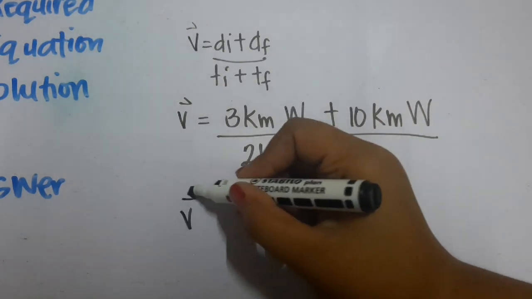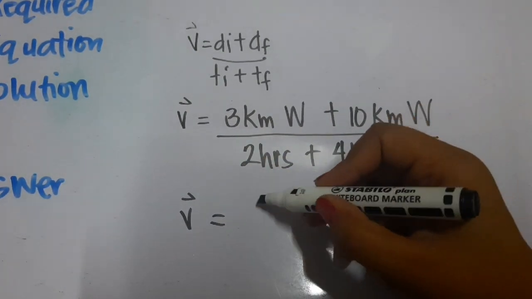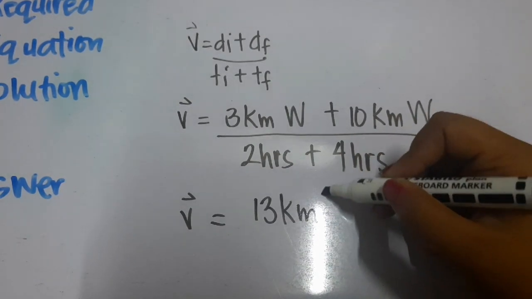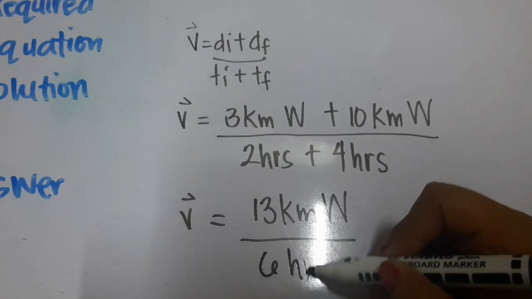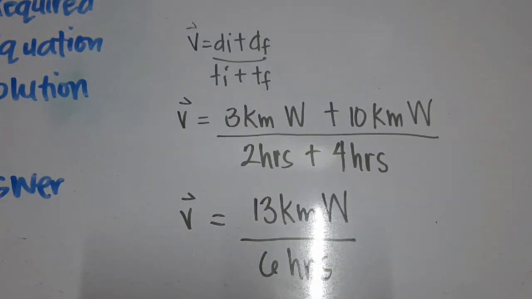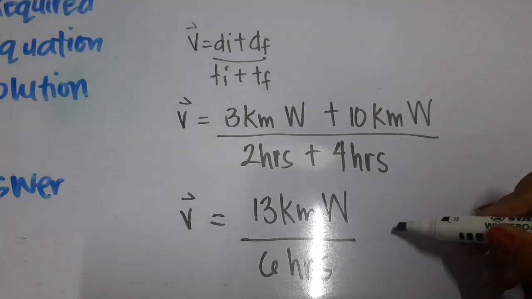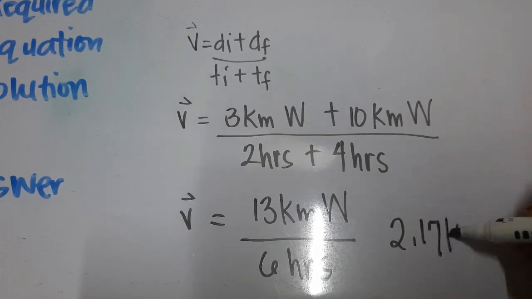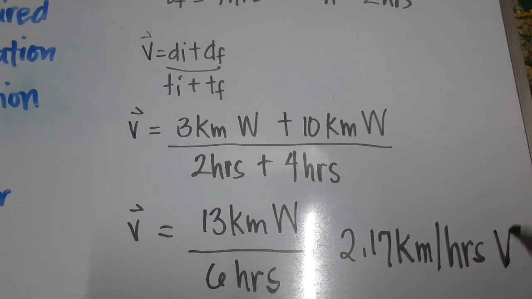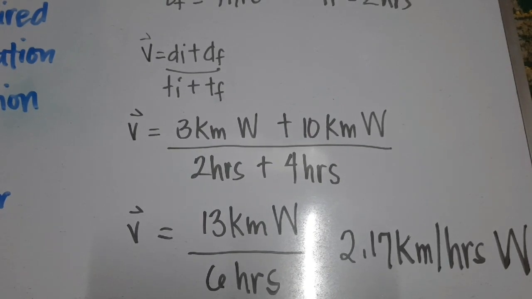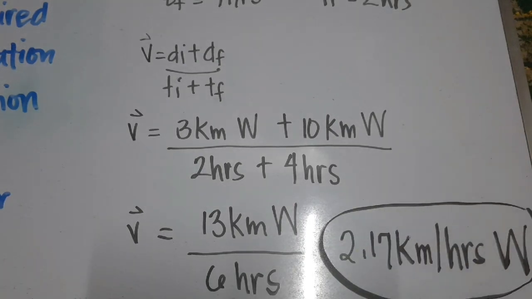Same process: 3 km plus 10 km is 13 kilometers west. 2 plus 4 hours is 6 hours. Therefore, 13 divided by 6 hours, we have 2.17 kilometers per hour west. So the answer in velocity must indicate the direction. Here, the direction that the lady traveled is 2.17 kilometers per hour west.